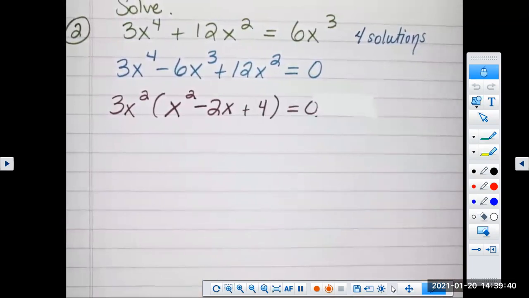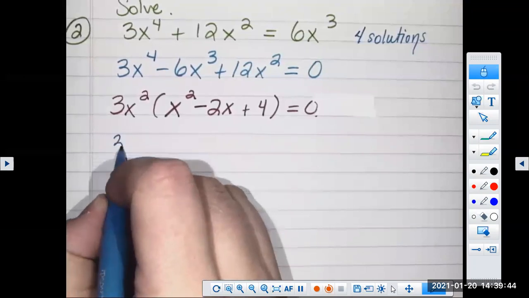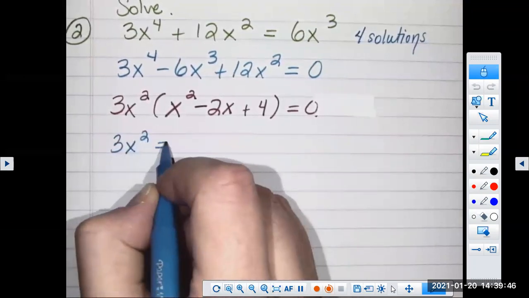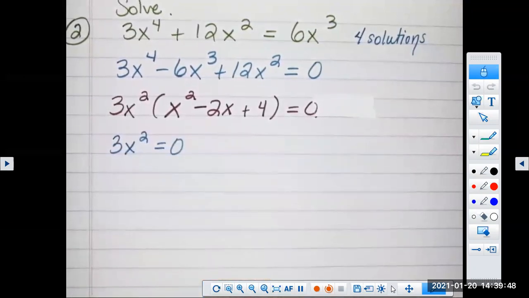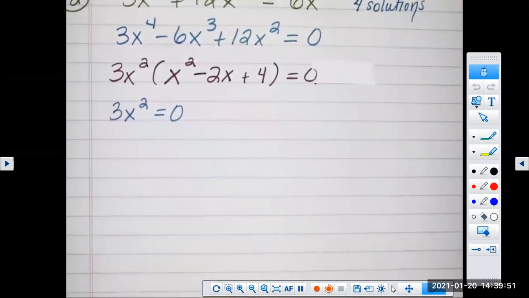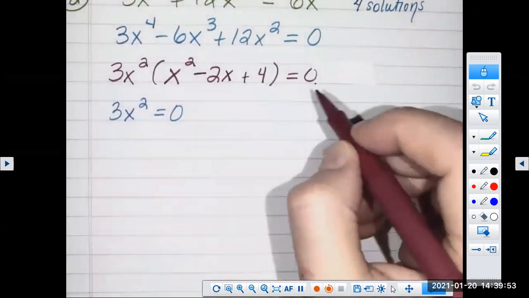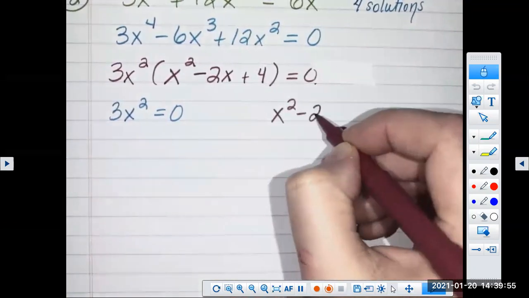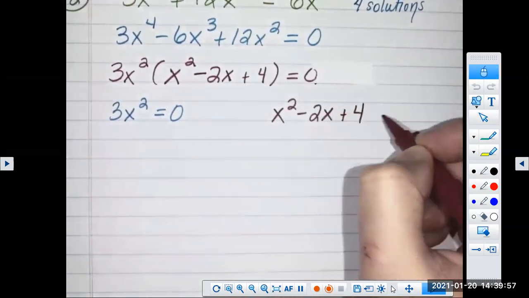But they ask you to solve it or find the solutions. So now we've got this factor, 3x squared equals 0. And we have this factor, x squared minus 2x plus 4 equals 0.